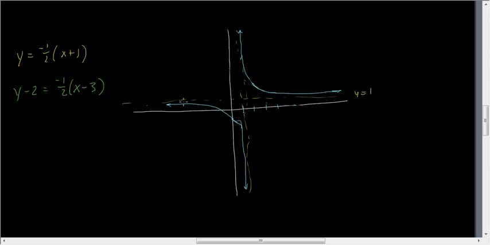So it has to pass through the point 3, 2. So it's tangent right there. And it has a slope of -1/2, and so it's going to be kind of shallow. And so it's going to come down 1 and over 2. And so it's going to look kind of like this.